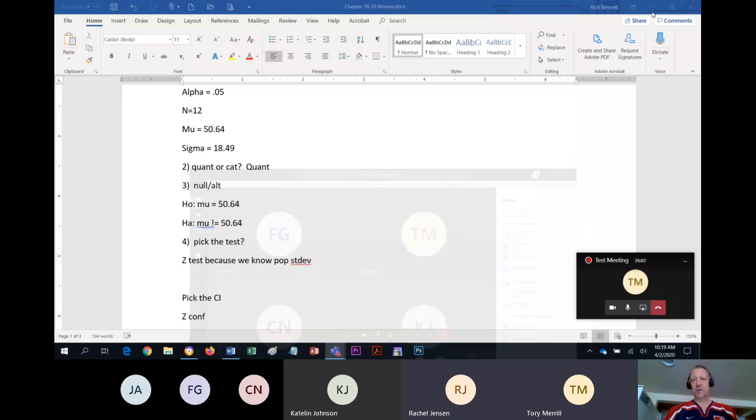Sample standard deviation. And what letter do I use for sample standard deviation? S. Okay. So I've got my sample mean, my sample standard deviation. Yes, go ahead. On tests, do you still want us to find it by hand, or can we just do that? No, if I ask you to find it by hand, it will only be on the final again, just to make sure you remember how to do it.